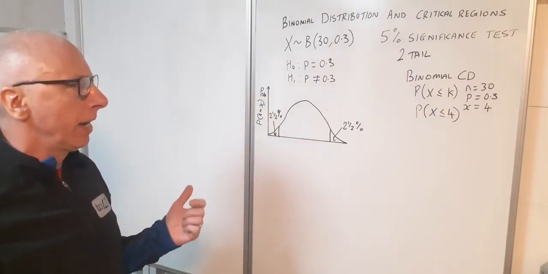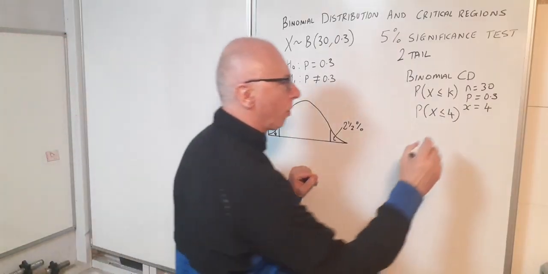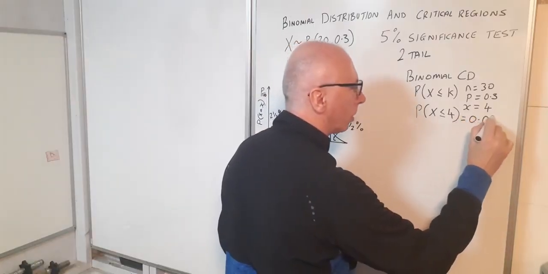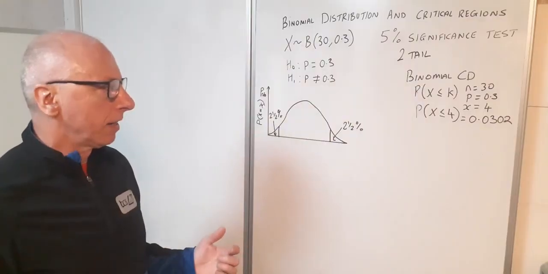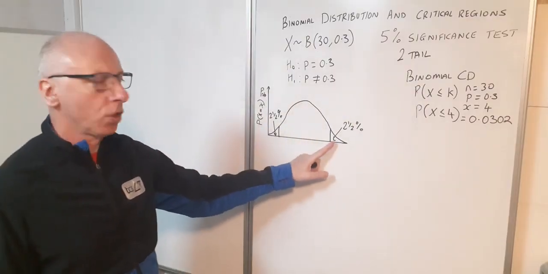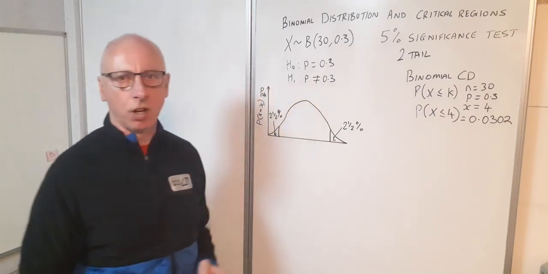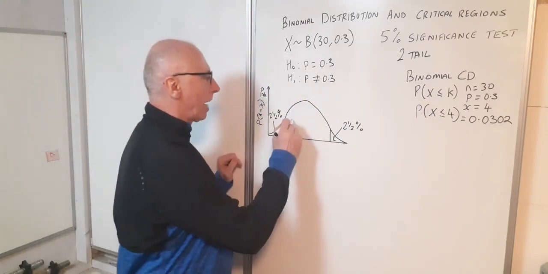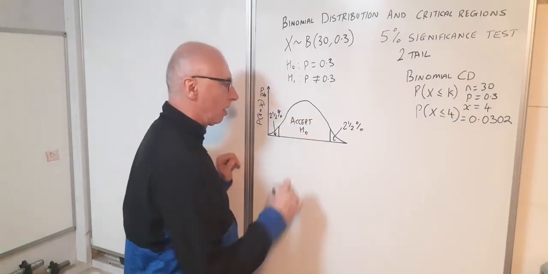If you type all that in the binomial CD function, you'll get approximately 0.0302. Now that is just over 3%, but that's a little bit too big for our 2.5%. So that would come about here, which is outside of our critical region. Here you would accept the null hypothesis.